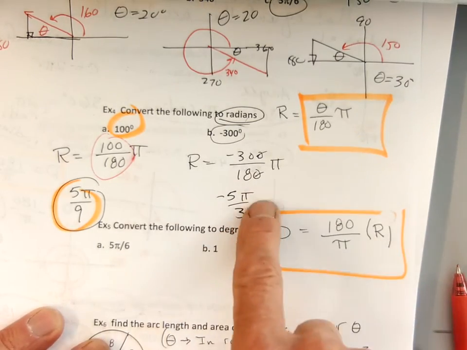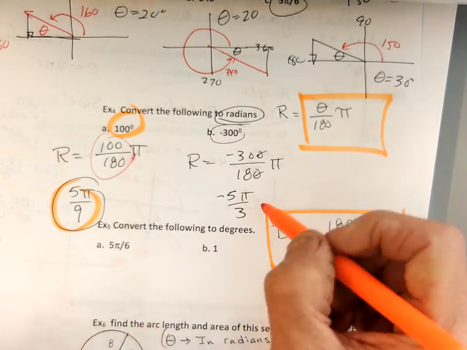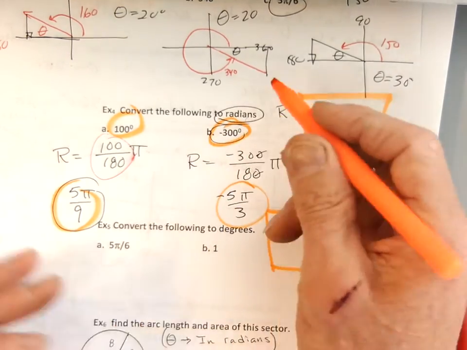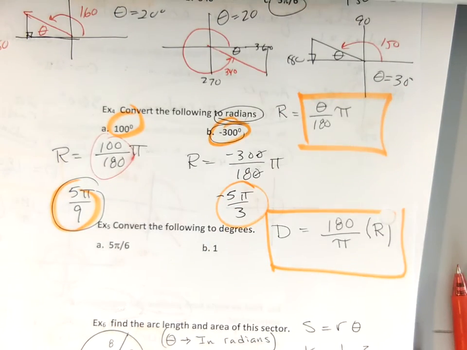I just reduced, okay? So these two angles are the same. They really are. This is degrees, which we like. This is also an angle. All right, now, we're almost done.